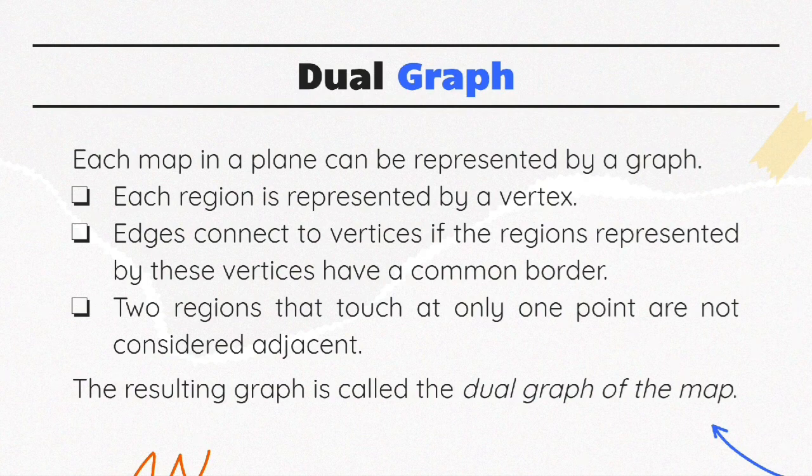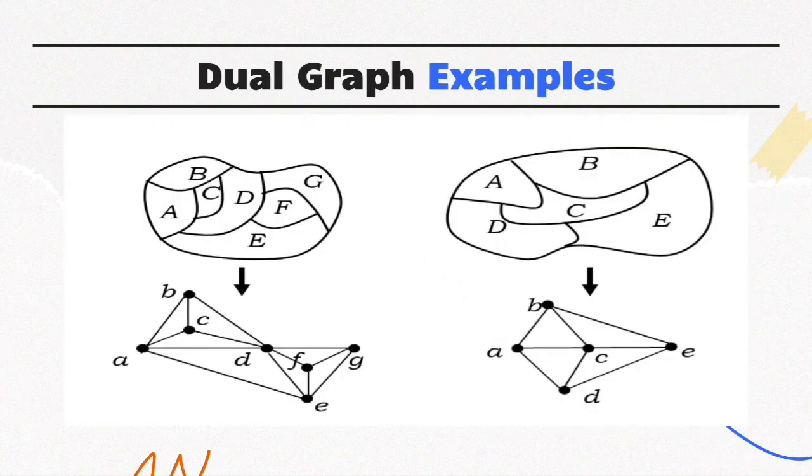To better understand the dual graph, I have here examples. As you can see, class, this is a map. This is also a map, but we can represent it through a graph. So this would be the graph of the map.